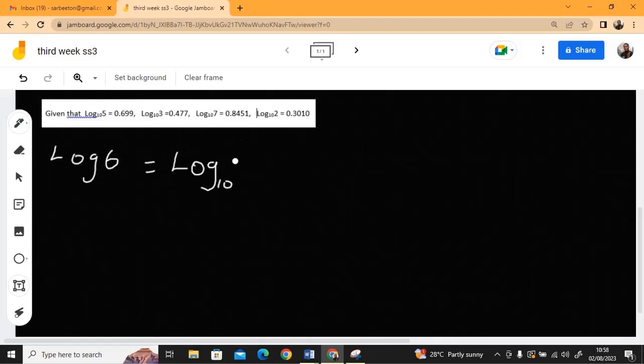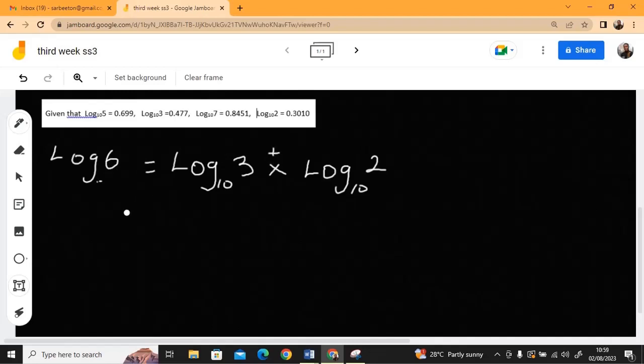So I can say log base 10 of 3 times log base 10 of 2. Because when I bring this thing together, there is just an invisible 10 here. You know, laws of logarithm, 3 times 2 is still 6. Now, in the laws of logarithm, times is plus.